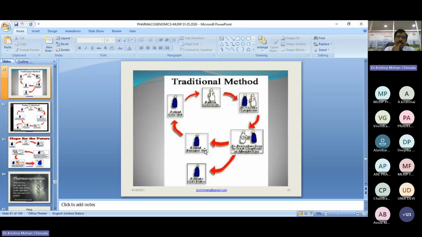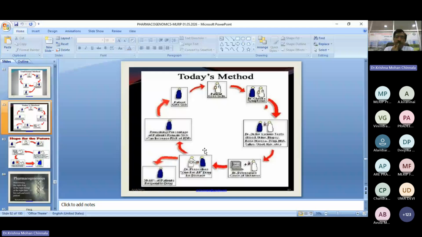Today's method: the patient gets sick, goes to the doctor, who checks for symptoms and asks for diagnostic tests like blood analysis or urine analysis, and so on. The doctor determines the cause of the sickness, then prescribes the drug.